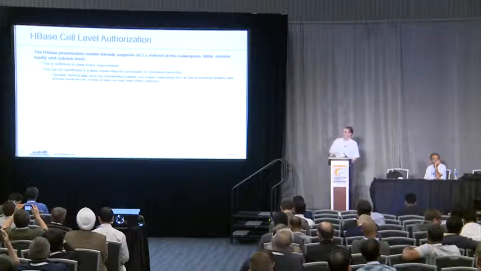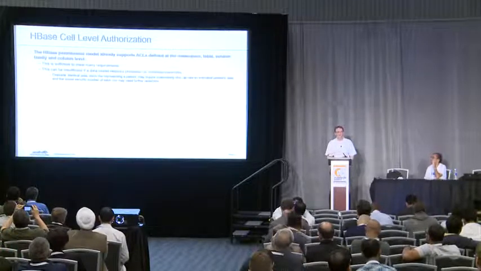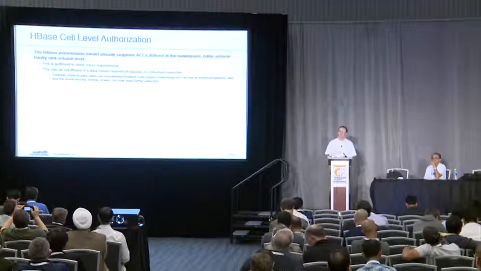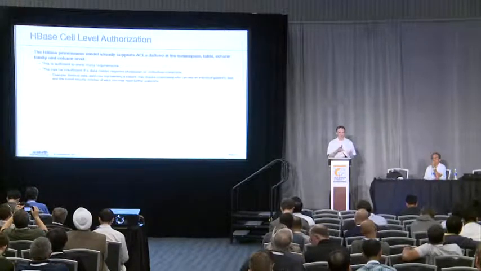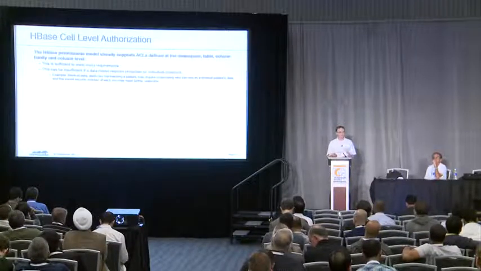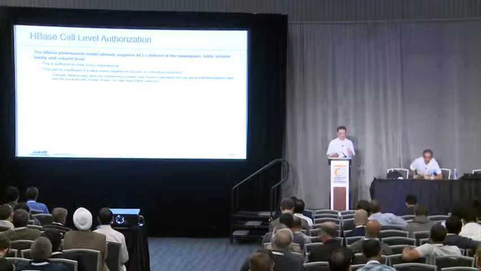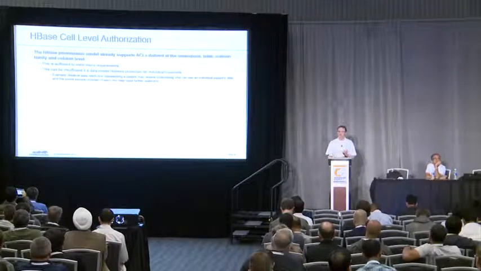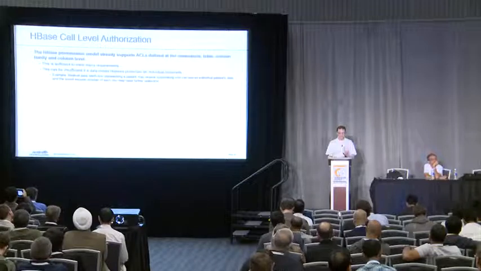Moving on, the next thing I want to discuss is some new features in HBase. The HBase permissions model had already supported ACLs defined at a more coarse-grained level. Quick recap of the model. In HBase, there are namespaces, which are groupings of tables.